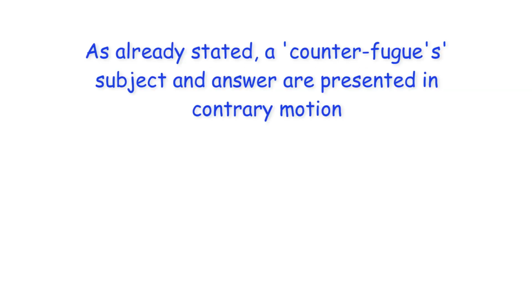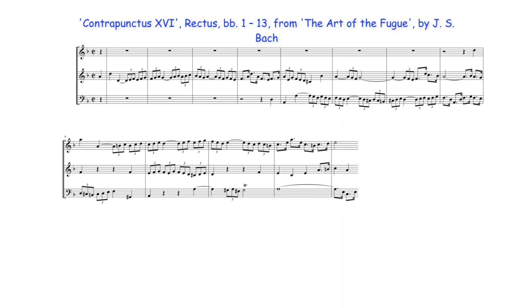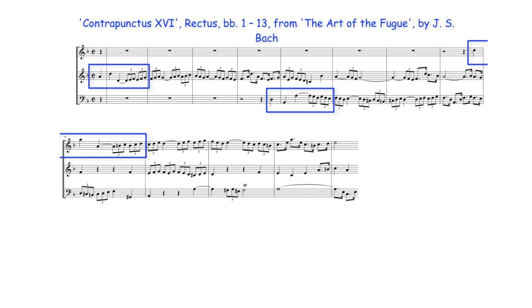As already stated, a counter-fugue subject and answer are presented in contrary motion. The subject and answer of Contrapuntus 16 from J.S. Bach's Art of the Fugue, for example, are presented in this way.